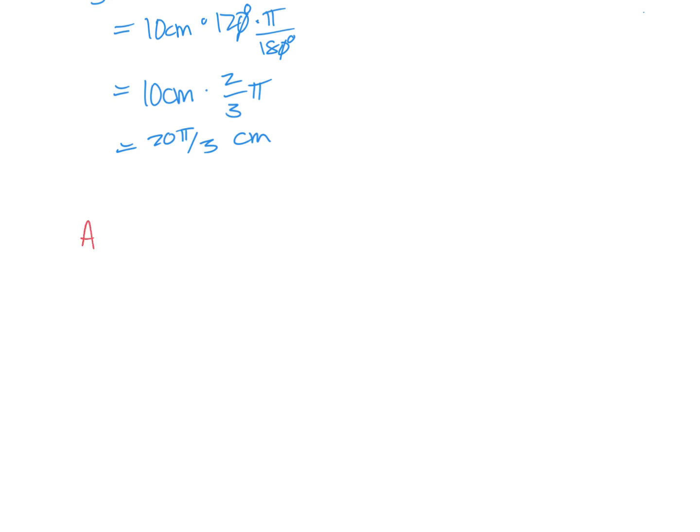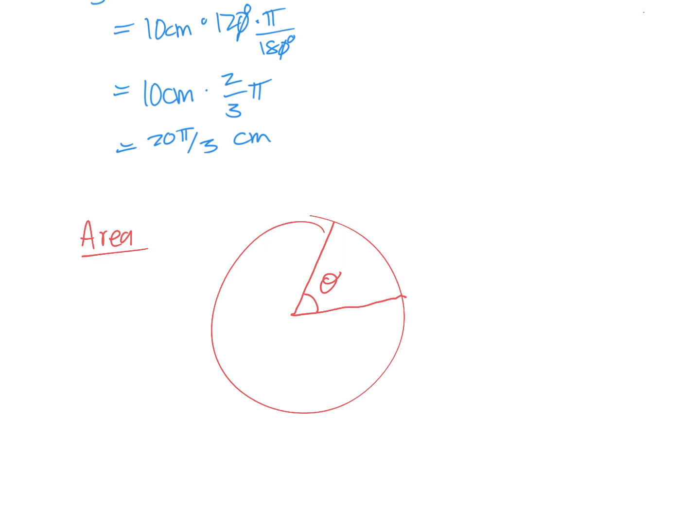We also have a formula for finding the area of a sector. If we have a circle, and just some angle theta right here, and a radius r, the area of the sector is theta over 360 degrees times pi times r squared, if theta is in degrees, or the area is 1/2 r squared times theta if theta is in radians.